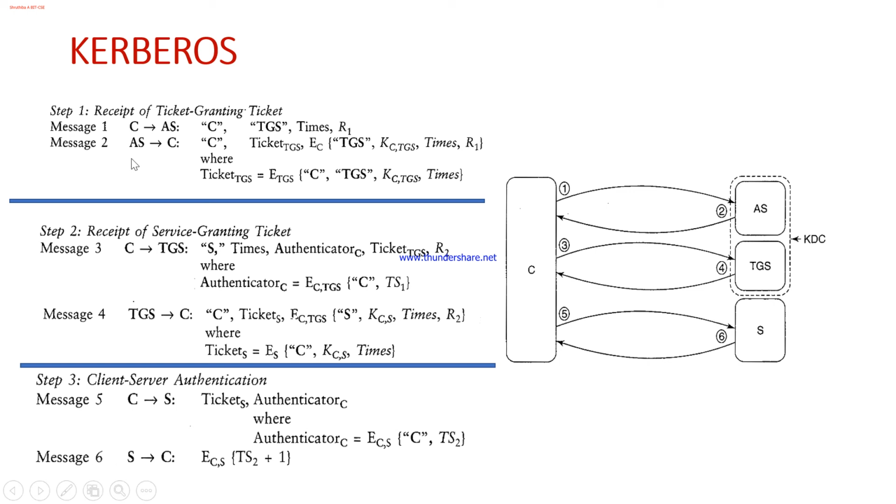Next, the authentication server, on receiving this request, will send its response with the identity of C and the ticket granting ticket.